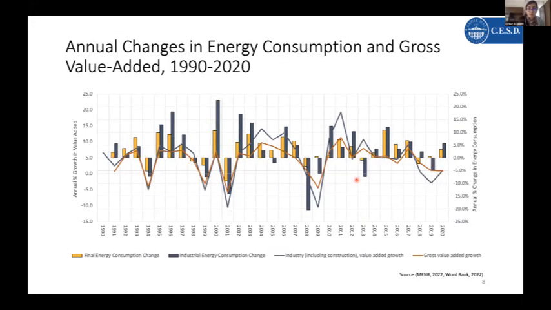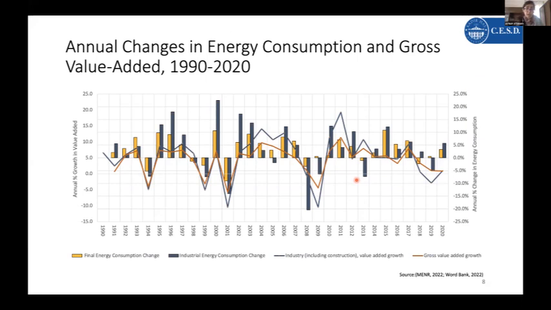When we see this graph, it's very obvious that the change in energy consumption and the change in gross value added go hand in hand. This graph shows the period between 1990 and 2020, and in this 30-year period, there are only 10 years in which energy consumption decreased.